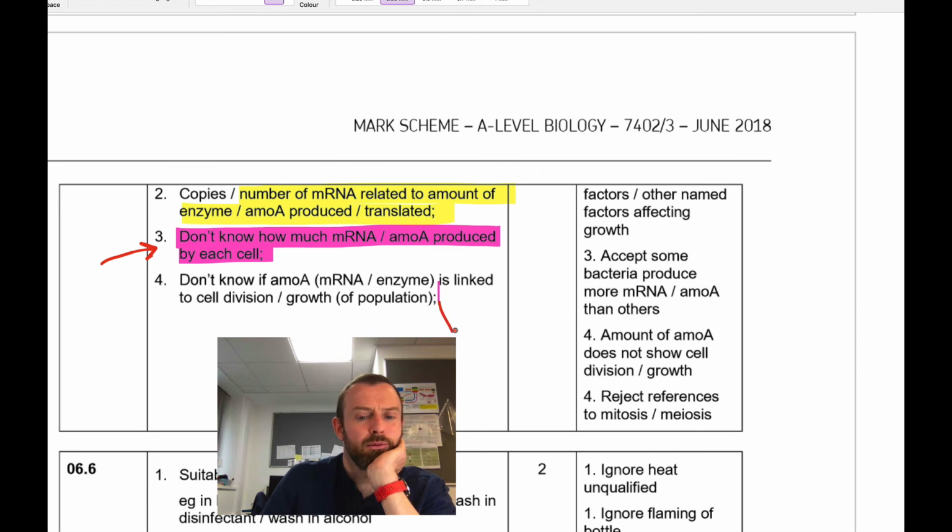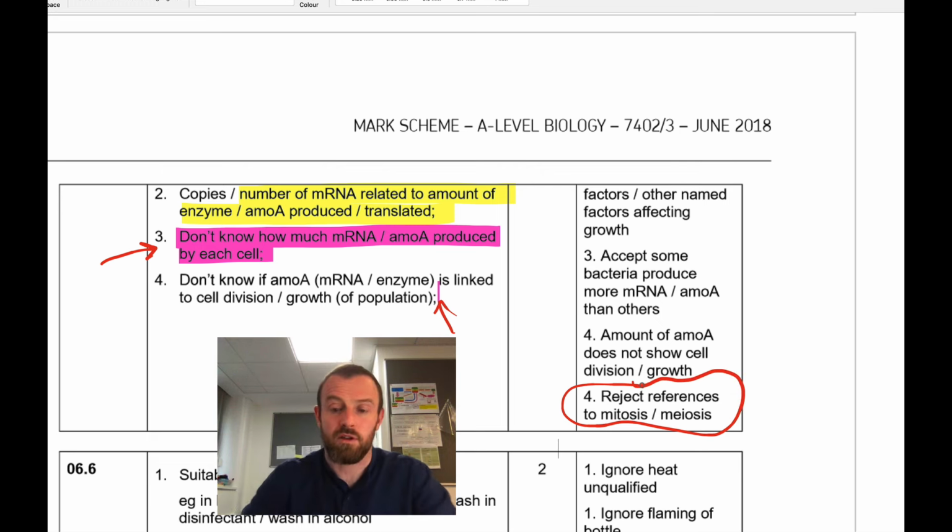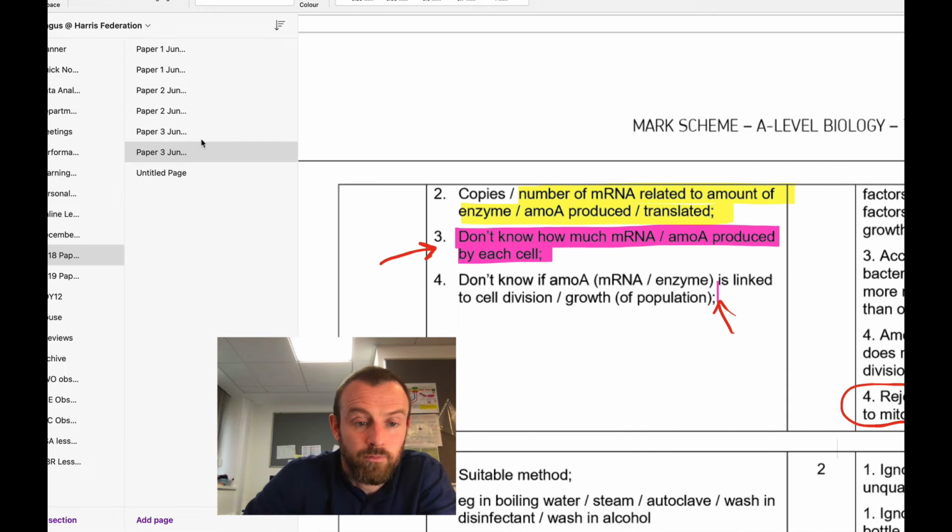I don't quite follow that one, to be honest. But I can understand we don't want to talk about mitosis and meiosis because this is binary fission. These are bacteria dividing. We're not dividing a nucleus. I don't know what they mean by 4, to be honest.